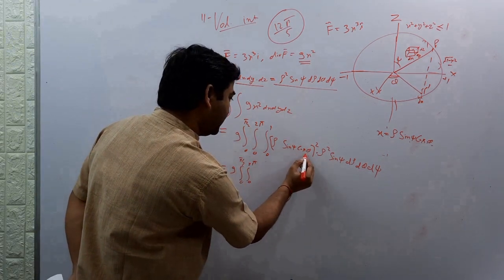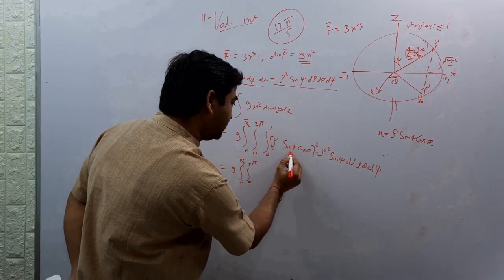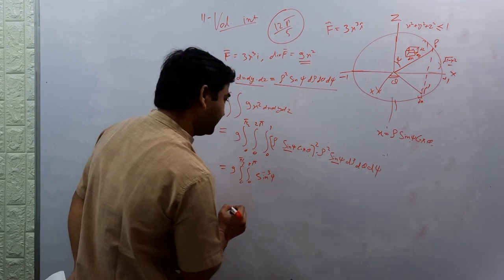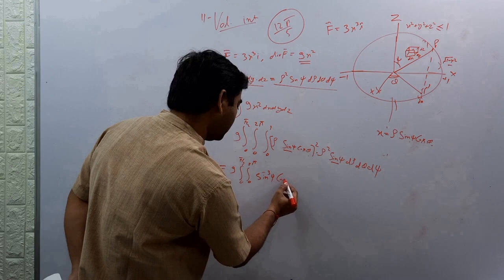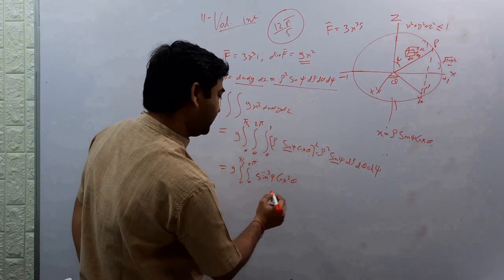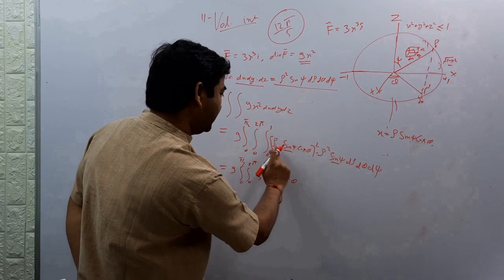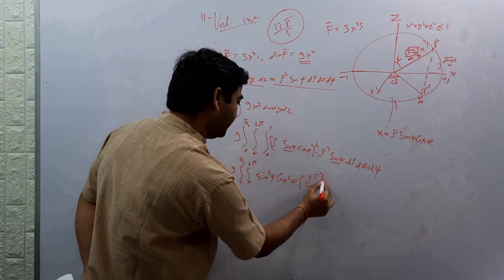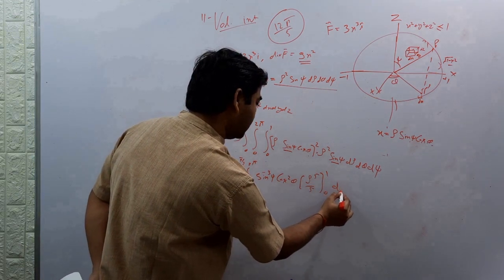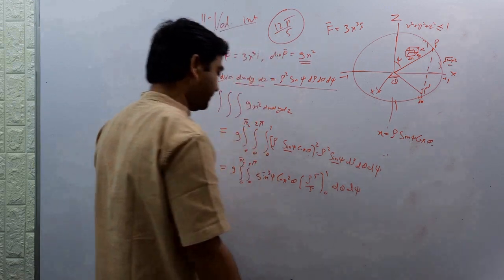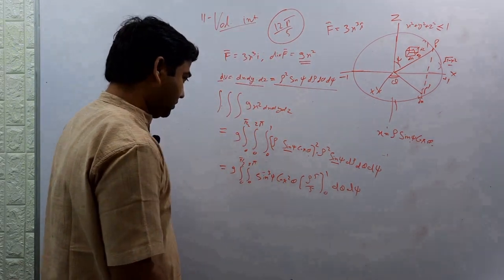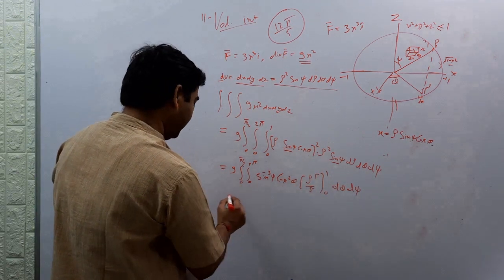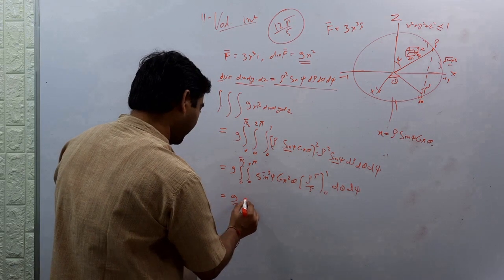So this is sin squared psi and sin psi, sin cubed psi, cos squared theta, and this is rho squared and rho squared, so it will be rho power 5 by 5, from 0 to 1, d theta d psi. So with limits 0 to 1, this is 1 by 5, so this is 9 by 5.